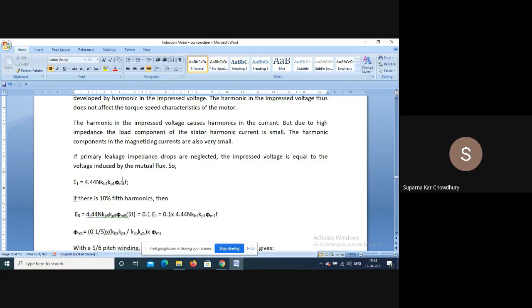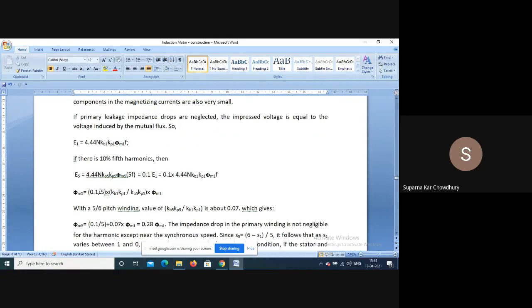We can put these values here. So approximately, phi M5 can be found out to be 0.1 by 5, KB1 by KP1, divided by KB5 by KP5, into phi M1.